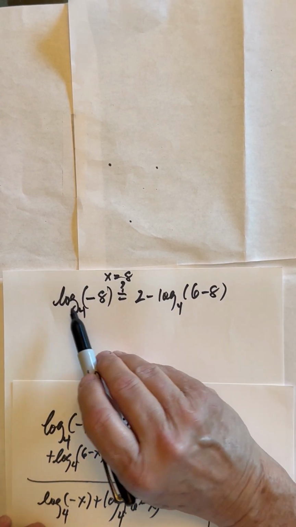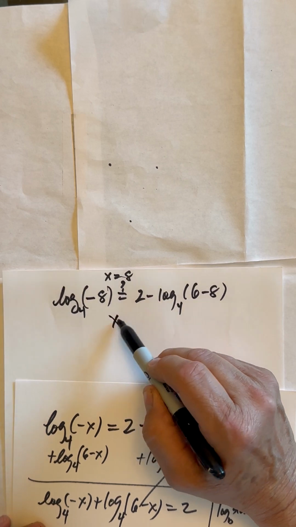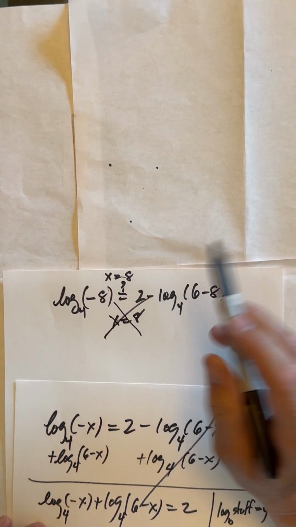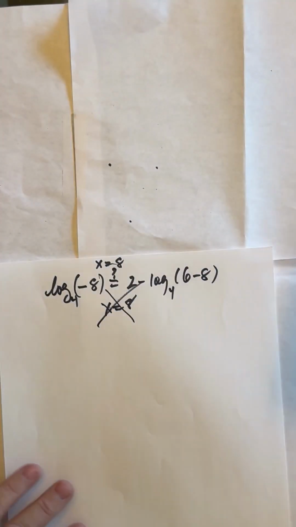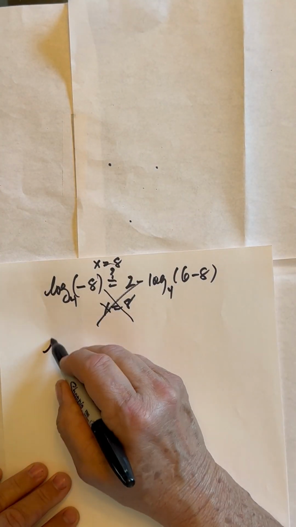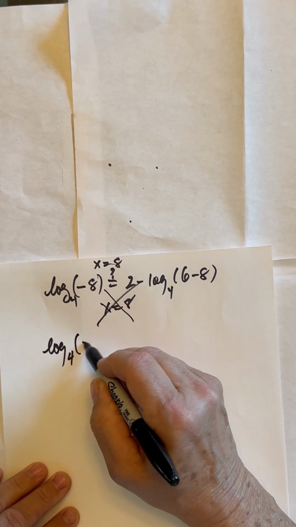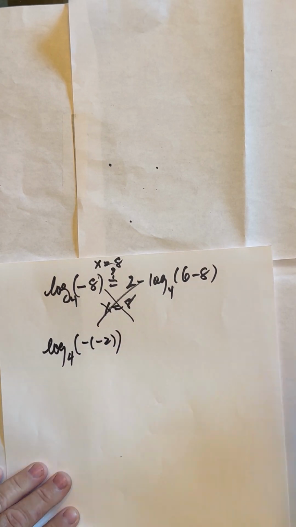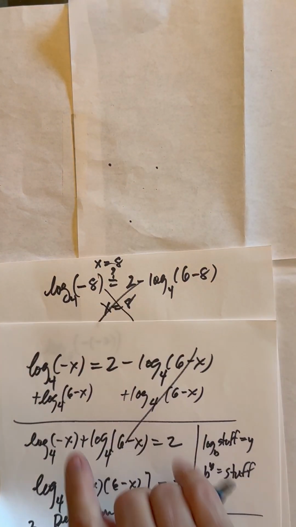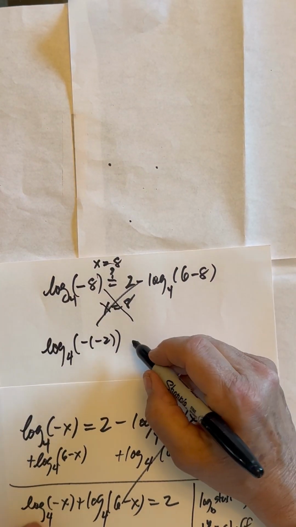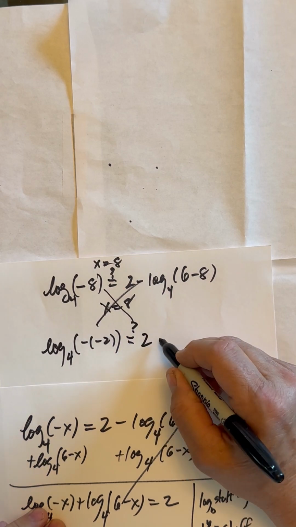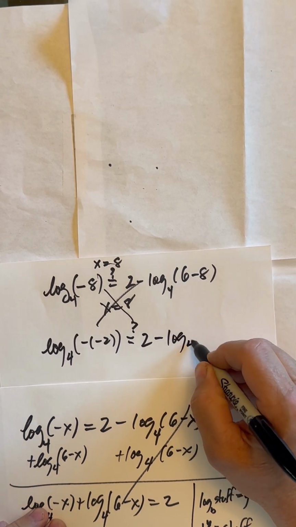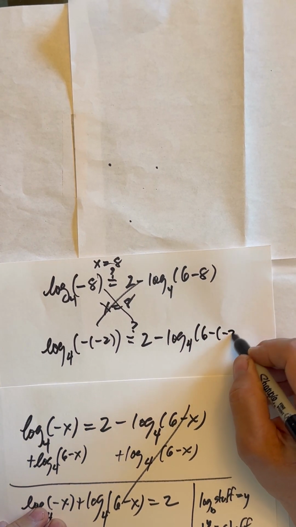Well, the problem is you're taking the log of a negative number. So x equal to 8 is not an answer. Can't do it. So now you have to check the other answer, x equal negative 2, and see if that works. So log base 4 of negative, negative 2. Your original equation was negative x, so negative of negative 2. Does that equal 2 minus log base 4 of 6 minus a negative 2?